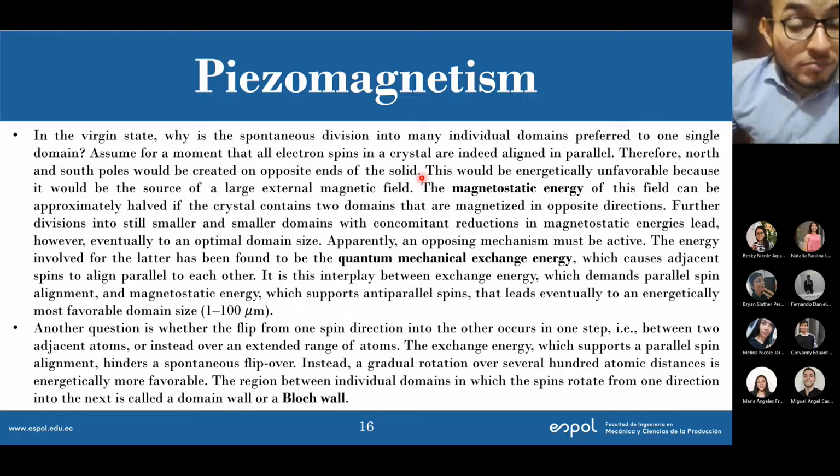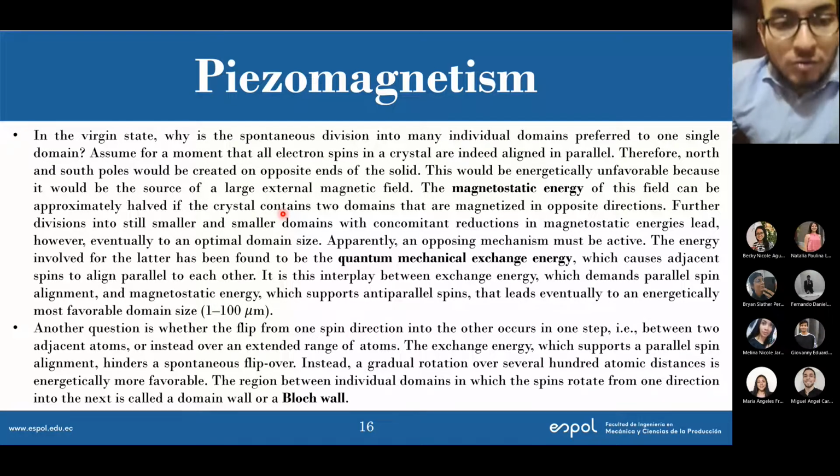Well, that will be very unfavorable in terms of energy, because that will generate a large external magnetic field. The magnetostatic energy of that field can be reduced and actually cut to half if the crystal contains two domains that are magnetized in opposite directions.